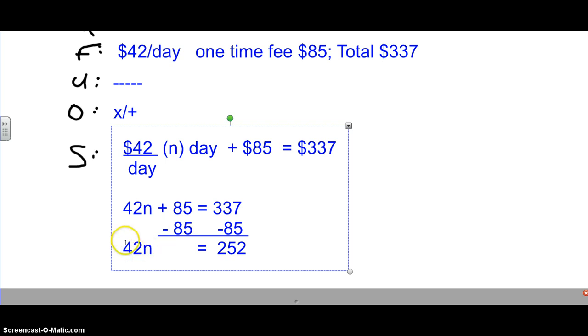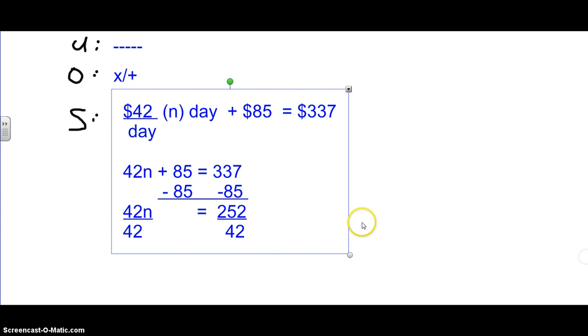This is which operation? Right, multiplication. So to undo it, let me underline it, and I'll underline this side as well. We're going to divide both sides by 42, right? Over here, divide by 42, and when we do, we should have n nicely isolated, right?